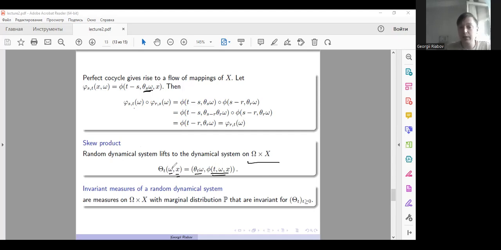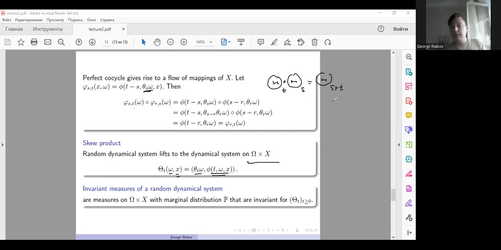Then theta t is a usual one-sided dynamical system in the sense that the composition of two mappings is equal to theta s plus t.